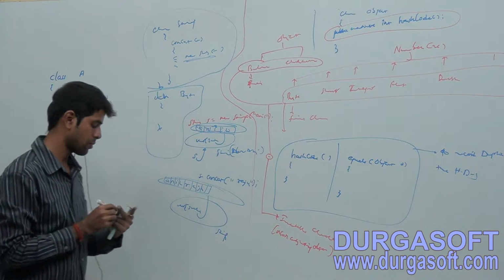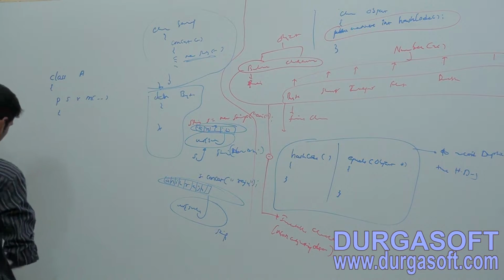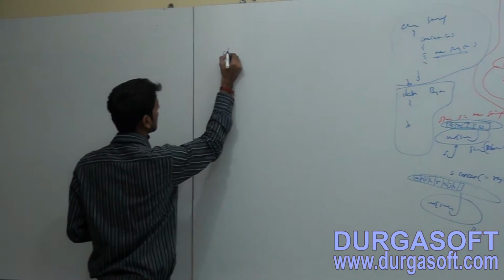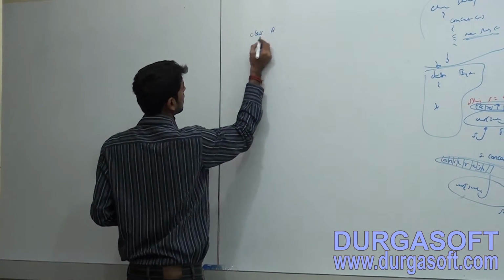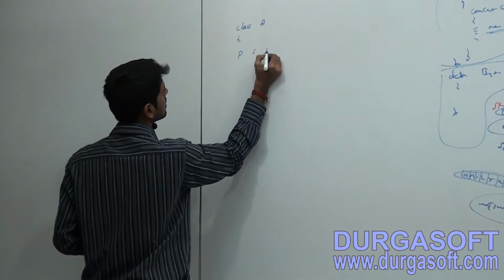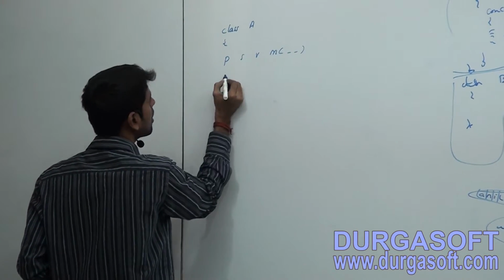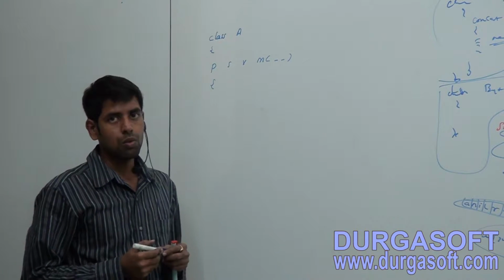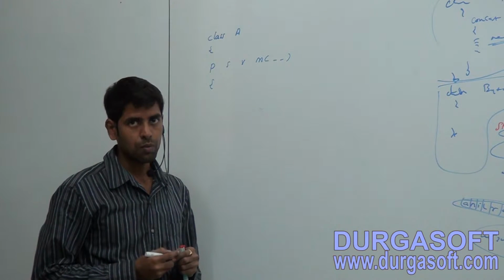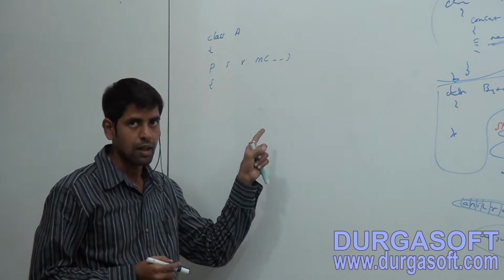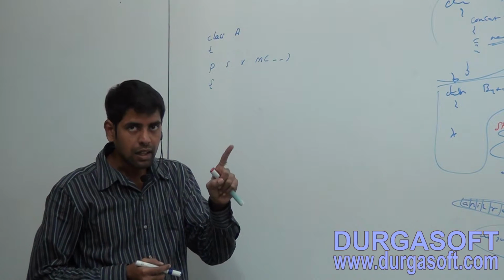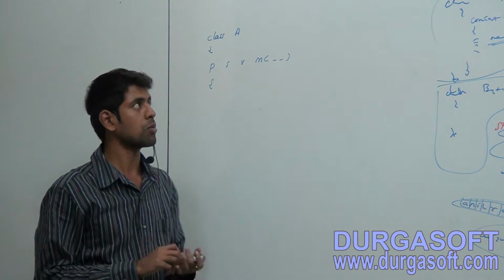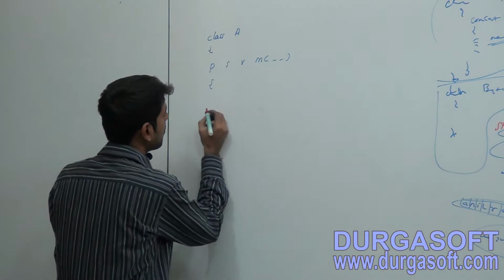Now observe, come to this code. Let me take a class called A, and take public static void main(String[] args). Now I'm going to create an Integer object by using the autoboxing concept. What is the autoboxing concept?